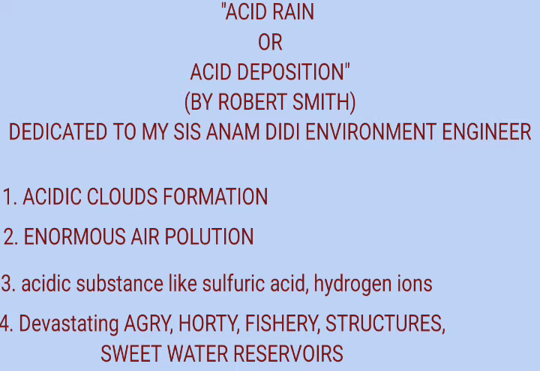So I have prepared 4 points. Point number 1 is acidic cloud formation. When sulfur acid, nitrogen ion, all kinds of CFCs form the cloud, that cloud hovers over the planet and eventually rains on the planet.